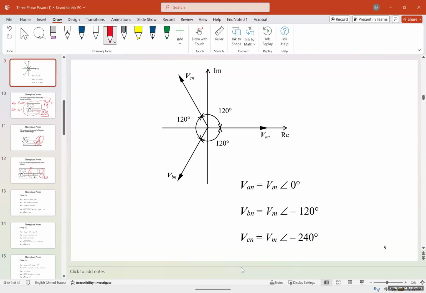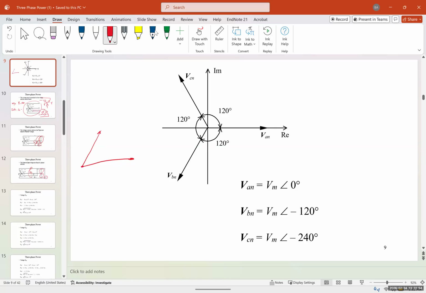We have two vectors, AN and CN, and I want to add these two vectors to each other. How can I do it? Add their X and Y components together. Yes.